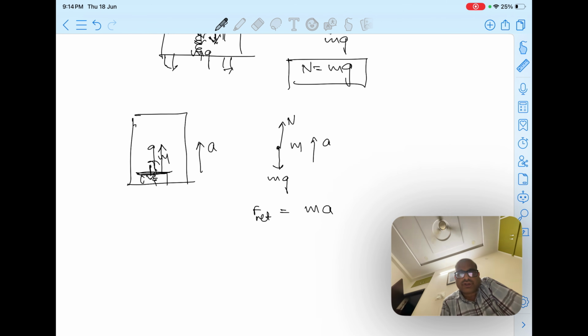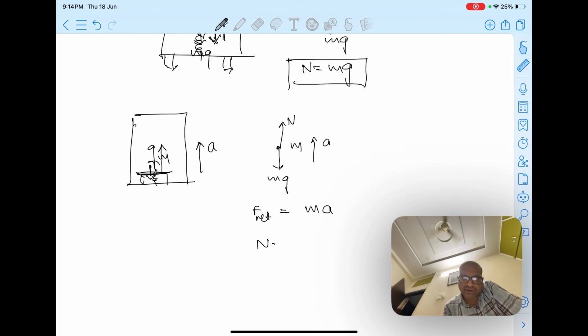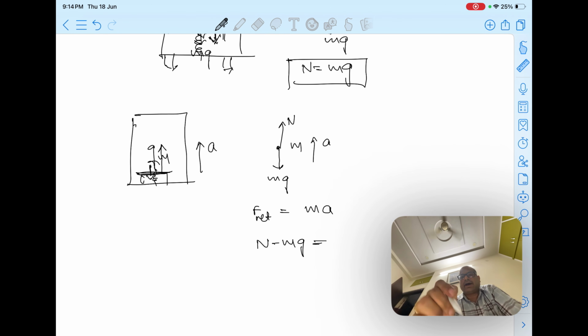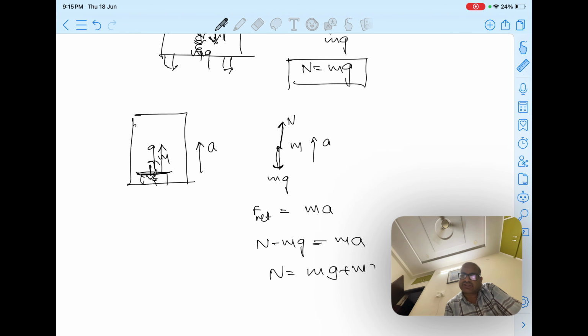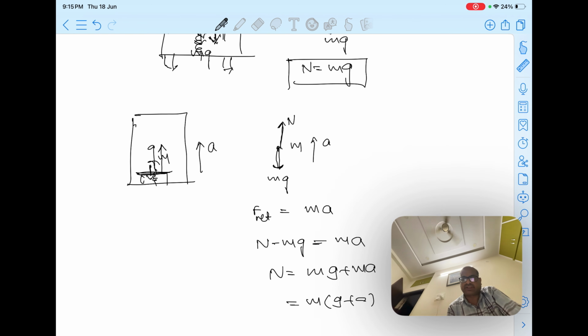Upward force is the normal reaction, downward is the weight, and the body moves upward, so the net force upward is N minus mg. This must equal m into a, so N is mg plus ma, which is m into (g plus a).